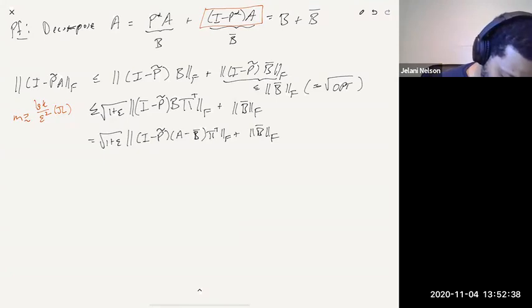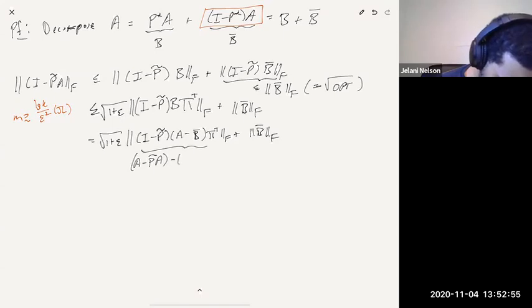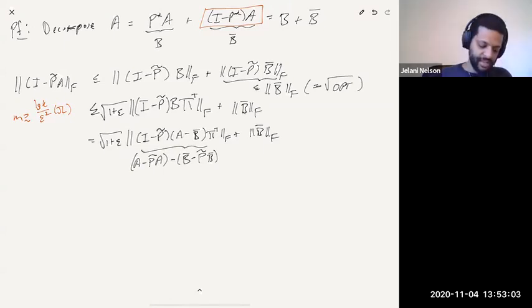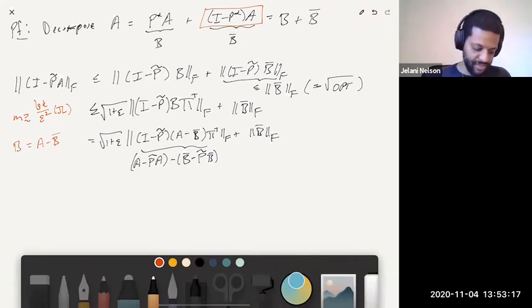So this looks something like A minus P tilde A, then I have minus B bar minus P tilde B bar. Right? Okay, so now I'm going to decompose things like that. This is just using the fact that B is equal to A minus B bar. That's the definition of B bar.